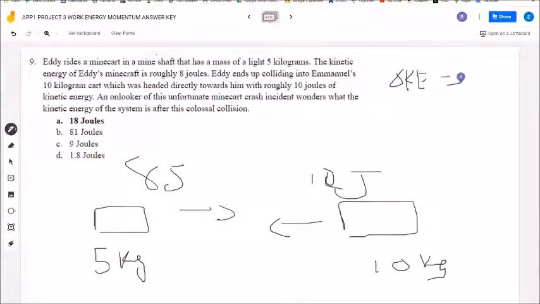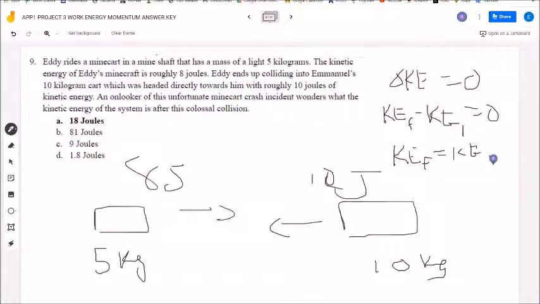What do we know about the change in kinetic energy? Delta kinetic energy is equal to kinetic energy final minus kinetic energy initial, equal to 0. We can just move initial to the side, so KE final is equal to KE initial. All right, and this is getting really messy, man.